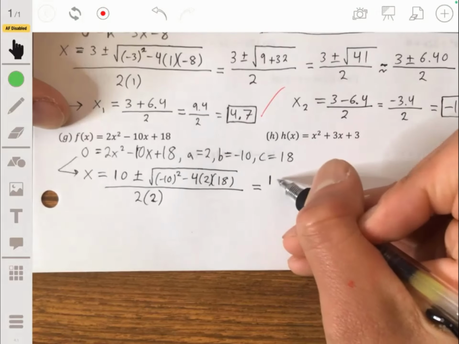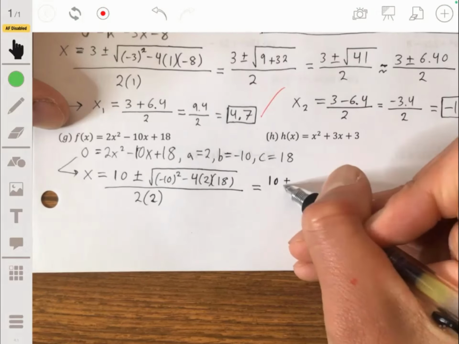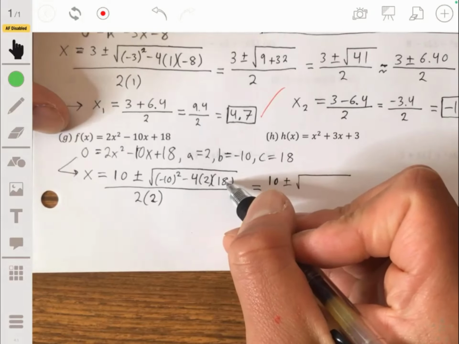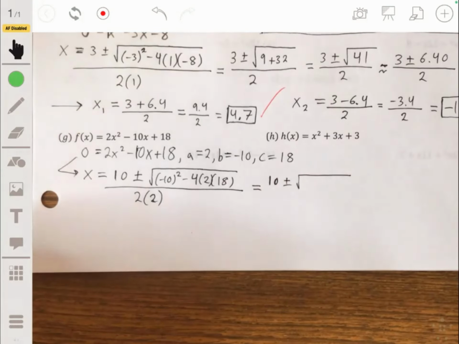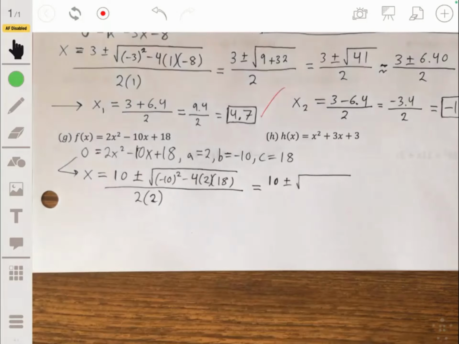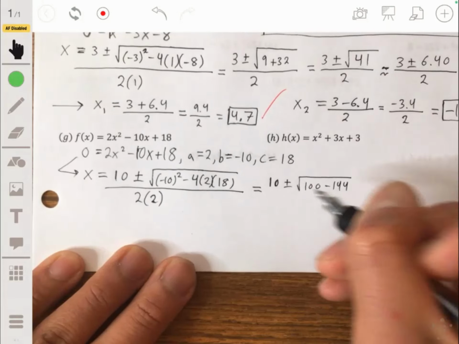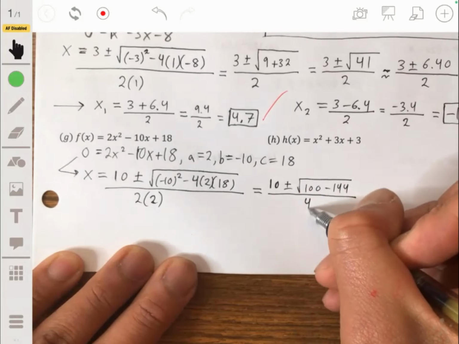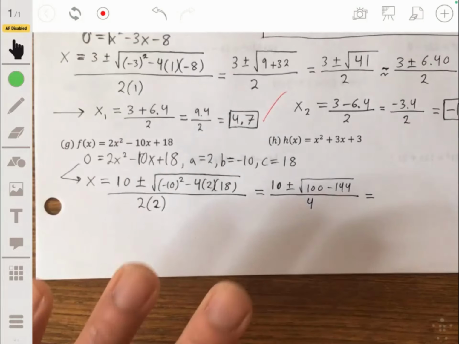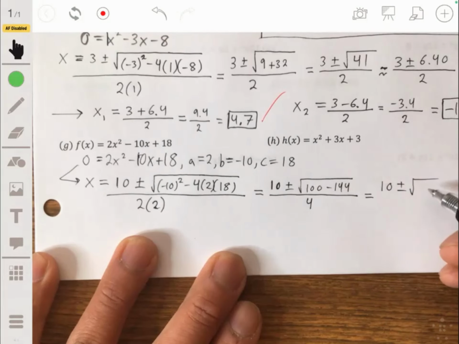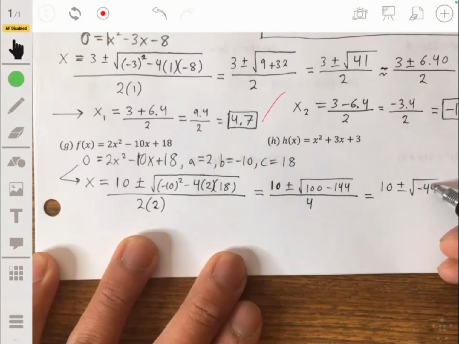Working this out step by step. 100 minus 8 times 18, so 80, so 145, I believe. Yeah, 144. So 100 minus 144 over 4. 10 plus or minus the square root of negative 44. So we're going to have another imaginary root.